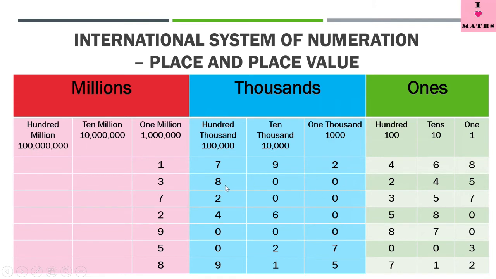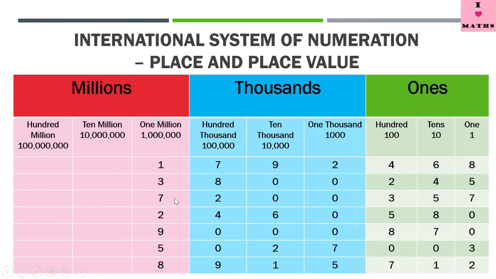We say 800. So that is why I said 800,000. Once again I am going to read 3,800,245.